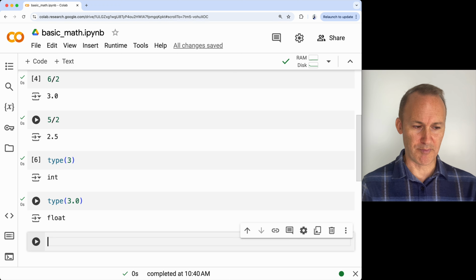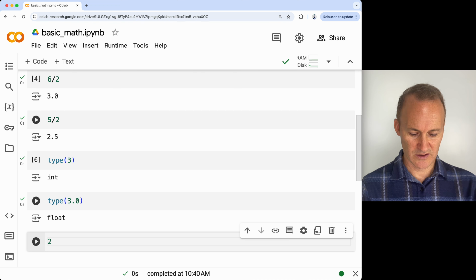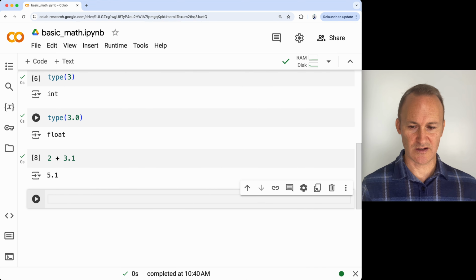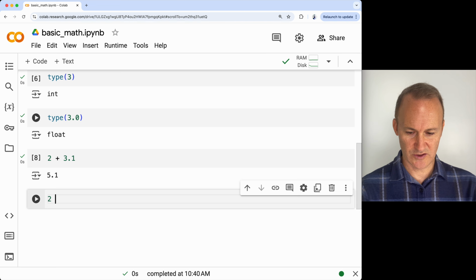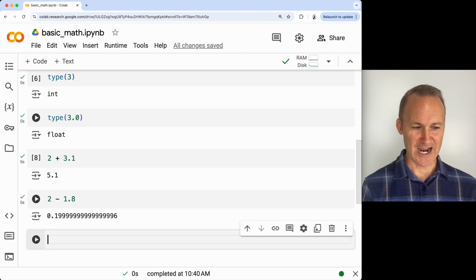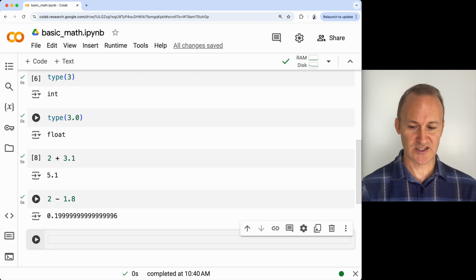What if we try to combine, say like integers with floats? What do we get? What about 2 plus 3.1? If you press Shift Enter, you get 5.1. Okay, as expected, right? What if you try 2 minus 1.8? What do we get? Look at that. That's probably a surprise to you. It's not what is expected.